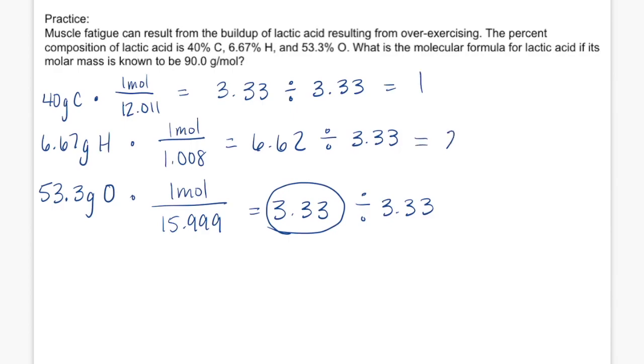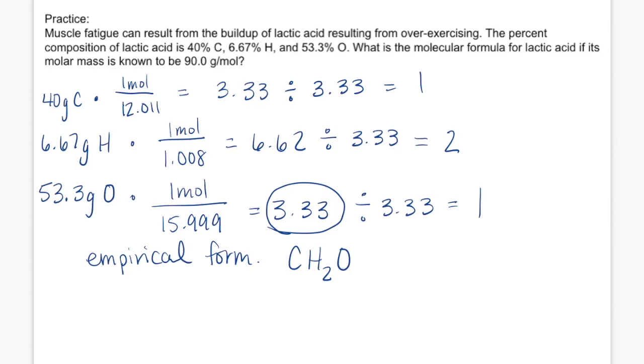When we round, it'll be 2 and 1. So our empirical formula is going to be C1H2O1.